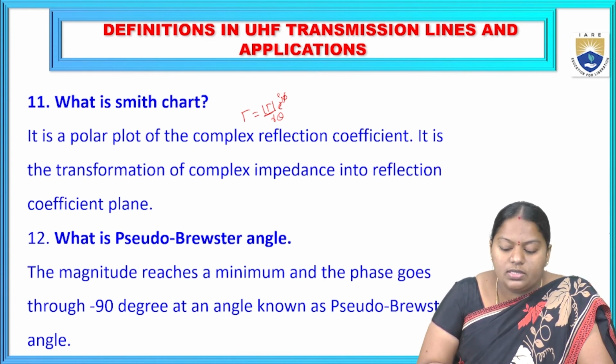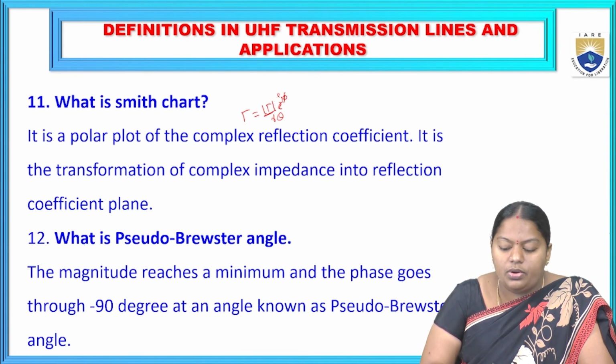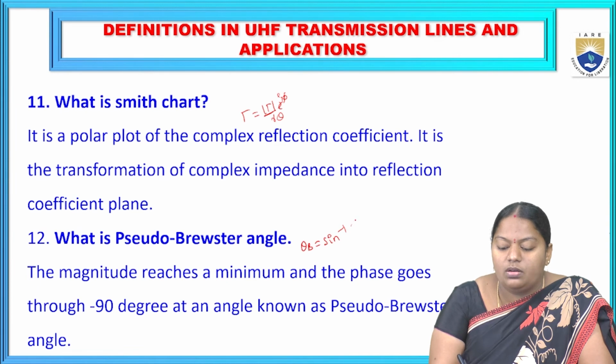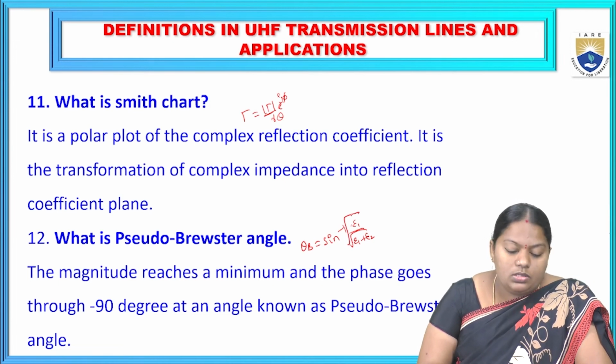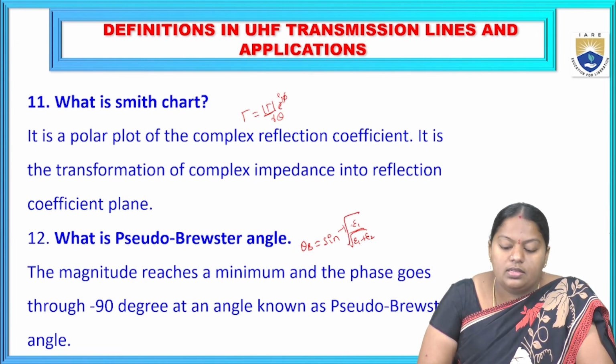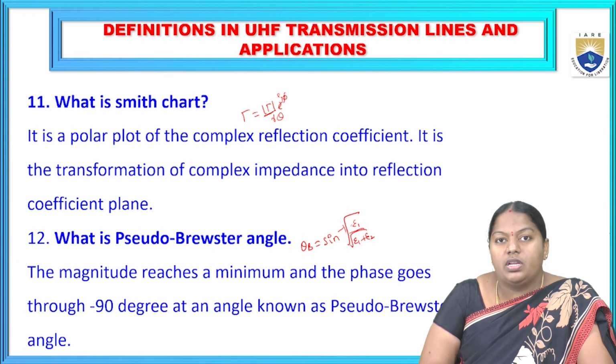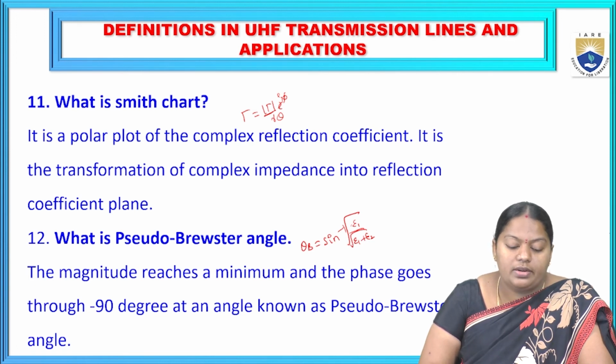The magnitude reaches a minimum and the phase goes through 90° at an angle known as the pseudo Brewster angle, represented with theta b, which is equal to sine inverse of the square root of epsilon 1 by epsilon 1 plus epsilon 2. Okay, so what is the pseudo Brewster angle? This comes under the parallel polarization case of transmission, in electromagnetic wave propagation characteristics.